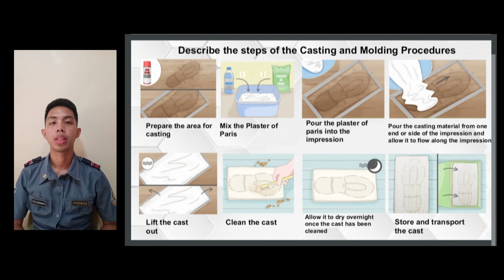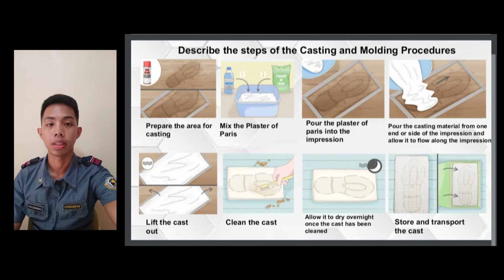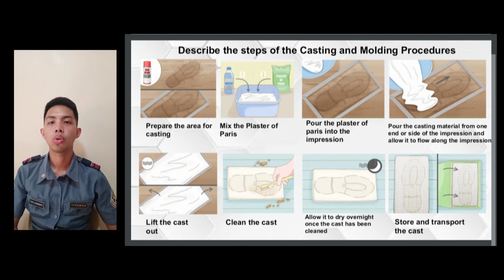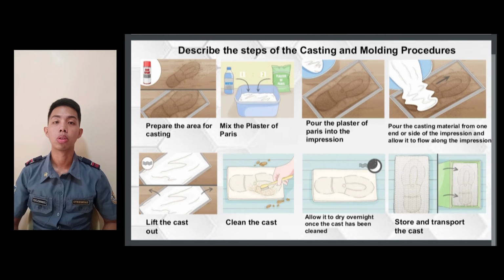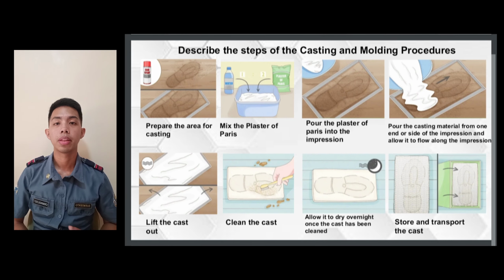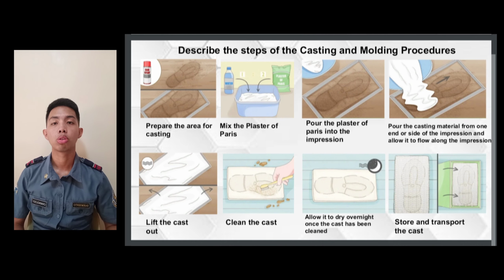Then spray it with hairspray or lacquer to strengthen the cast and prevent it from crumbling during handling. Eighth, store and transport the cast. Wrap the cast in newspaper or bubble wrap to prevent it from being damaged. You may also place the cast in a shoe or pizza box to stop it from being bumped around and damaged.